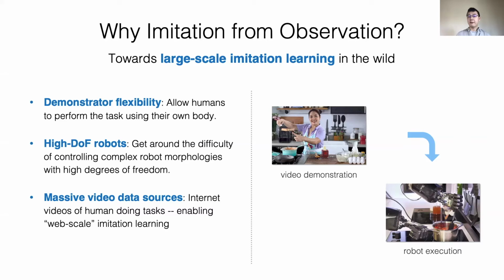This flexibility allows us to apply these imitation learning algorithms to robots with a high degree of freedom, where it might be very difficult to perform kinesthetic teaching or teleoperation. And more importantly, there's just a massive amount of video data available online. So if we want to achieve the ImageNet moment for big data imitation learning, this is really the promising direction to go.